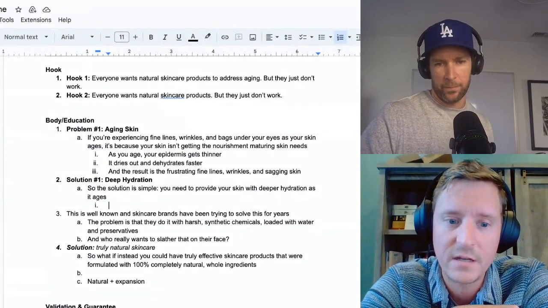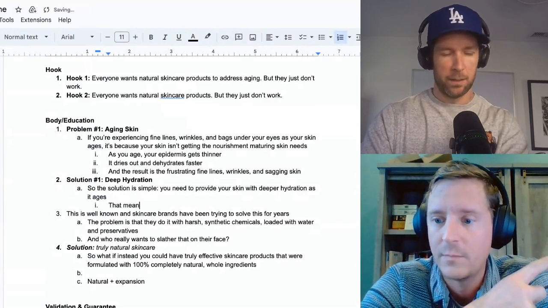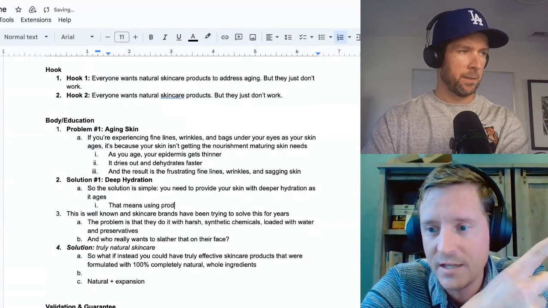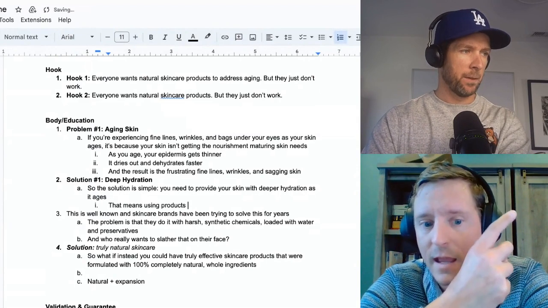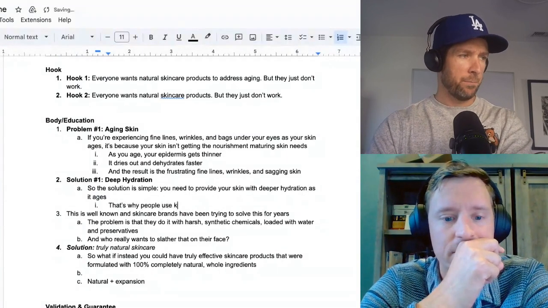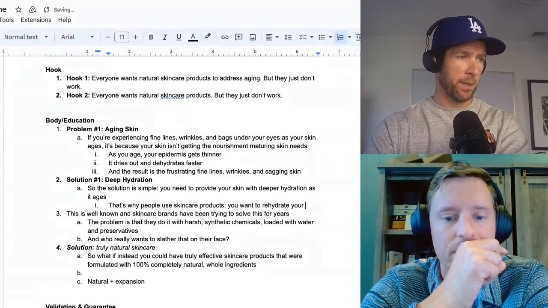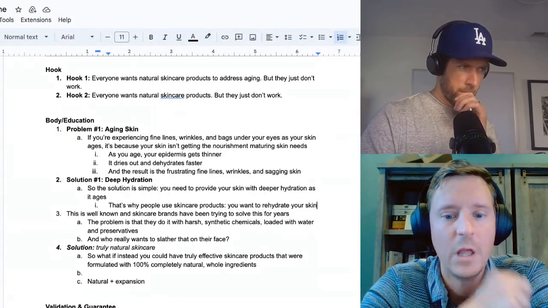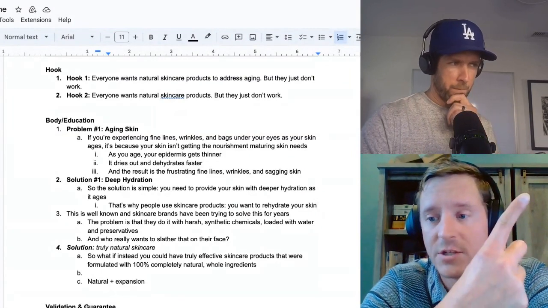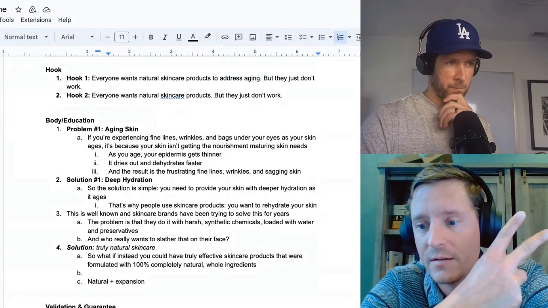So then I would break this down into two parts, and that means basically using products that rehydrate your skin. And that's why people use skincare products, right? You want to rehydrate your skin. Okay, does that work? Well, what I was going to break this down into is you want to rehydrate your skin, and then you want to protect your skin long term.